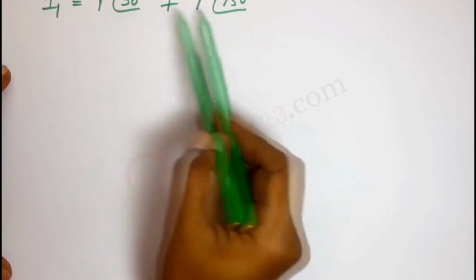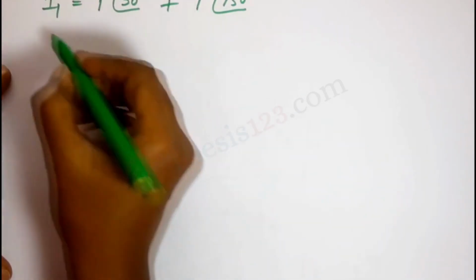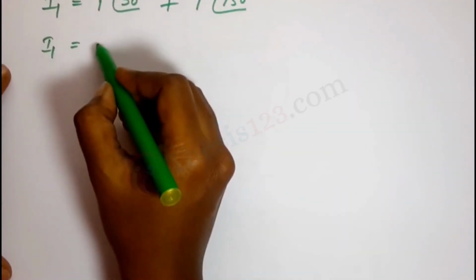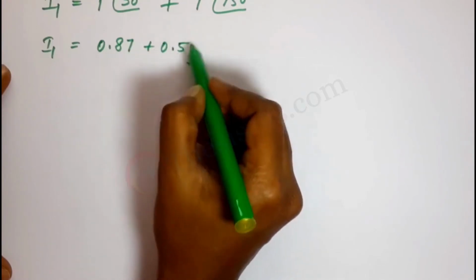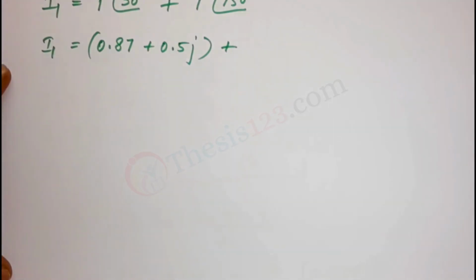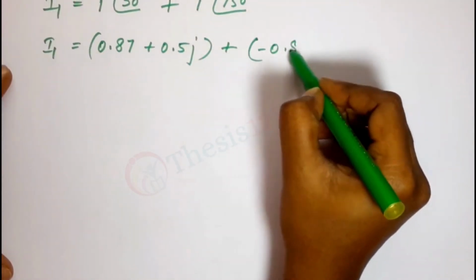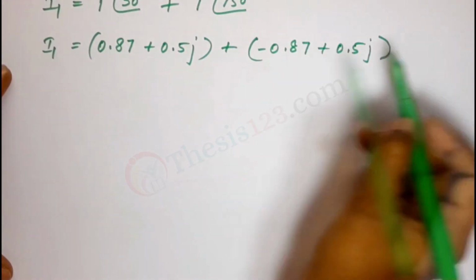Now in order to add, we will have to convert the polar form into rectangular form. So rectangular form of 1 angle 30 is 0.87 plus 0.5j plus, and the rectangular form for 1 angle 150 is minus 0.87 plus 0.5j.